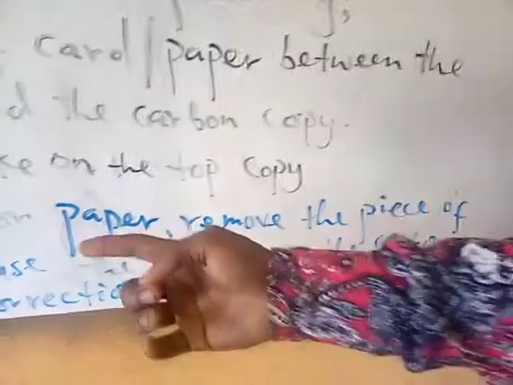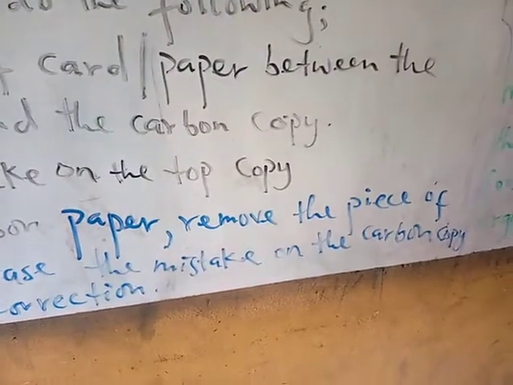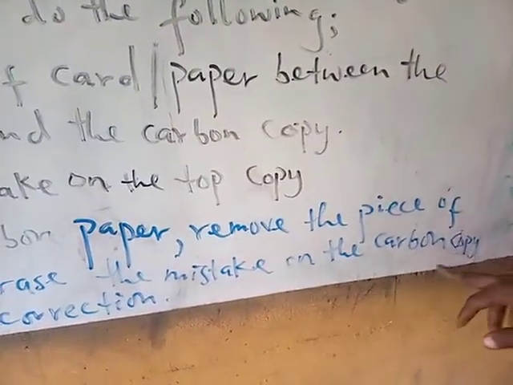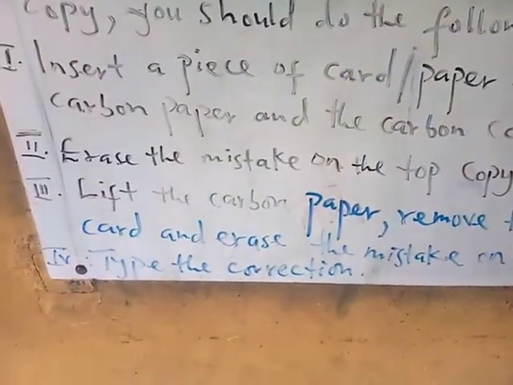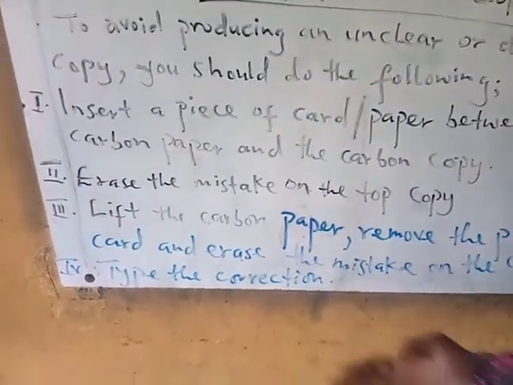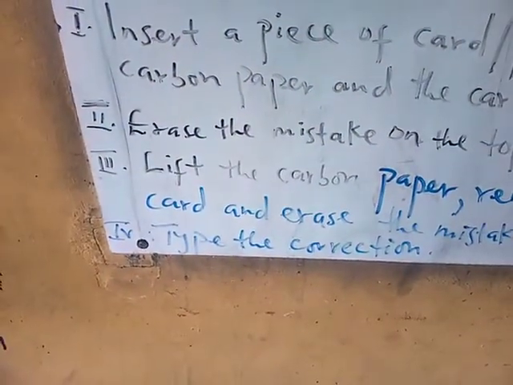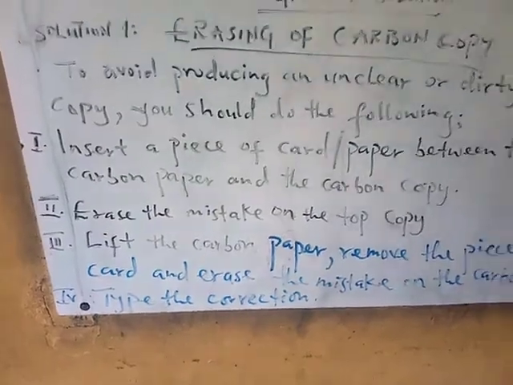Having done that, you leave the carbon copy, remove the piece of card, and erase again the mistake on the carbon copy. By so doing, you have taken out the errors. Okay, then you type the correction. So that's solution 1.